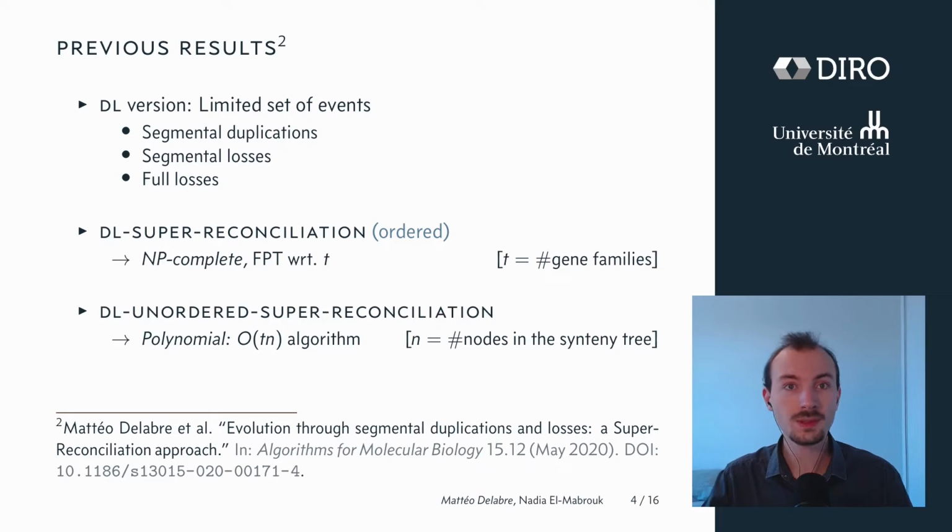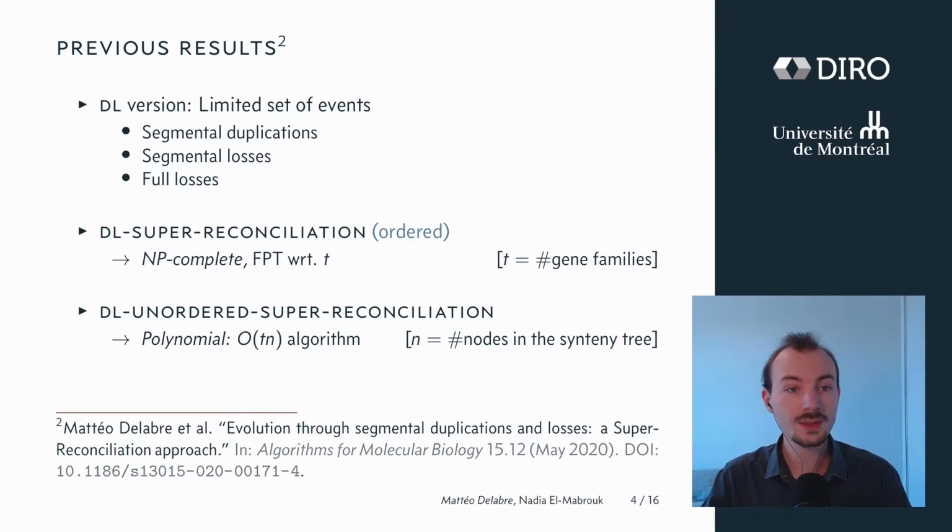Our group has been studying this problem for a few years. We mainly focused on a restricted version of the problem called the DL version. In DL, the set of allowed events is limited to segmental duplications, segmental losses, and full losses.